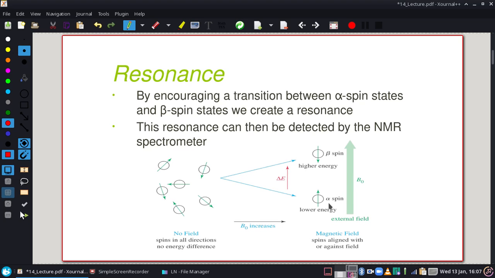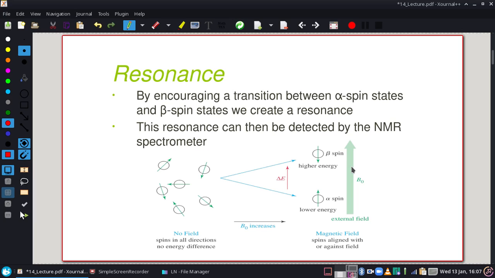That's what we're going to study in an NMR. So that flipping back and forth that happens naturally is creating a resonance. It's not like it just goes up and then back down. It actually goes back and forth because this is a way for the atom to absorb and release energy.